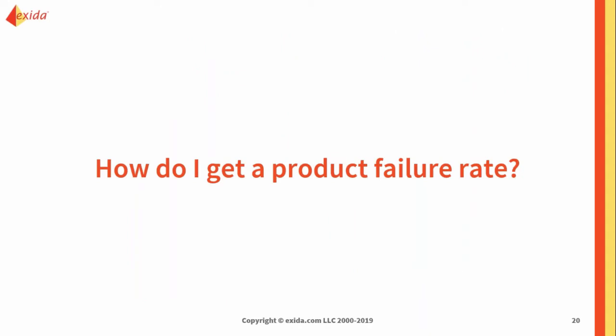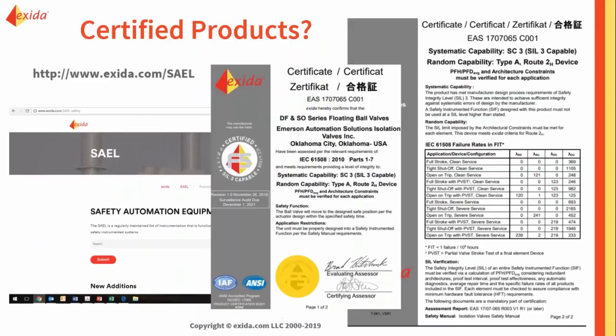So those are all the ways that products get failure rates. Well, how do you get them for each product? Well, if you're an end user and you're using certified products, that's easy. You just ask for the certificate. On the back of the certificate, there's going to be listed the failure rates you need, broken down into safe detected, safe undetected, dangerous detected, and dangerous undetected failure rates.